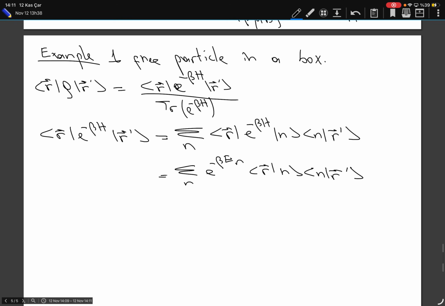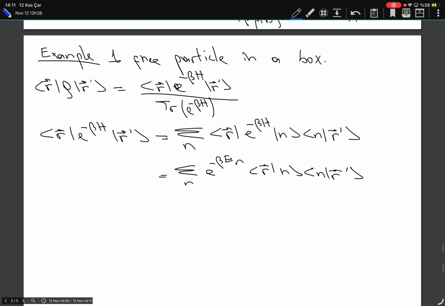Now we will continue, but first let's just look at this expression. Suppose we take the zero temperature limit of this expression. I didn't really specify what my state is, or whether there are any interactions in my system, but whatever my system is, this matrix element will be given by that sum where the E n are the energy eigenvalues. If I take the T equal to 0 limit, that is beta goes to infinity, all those exponents will go to 0. But the ground state will go to 0 the slowest.